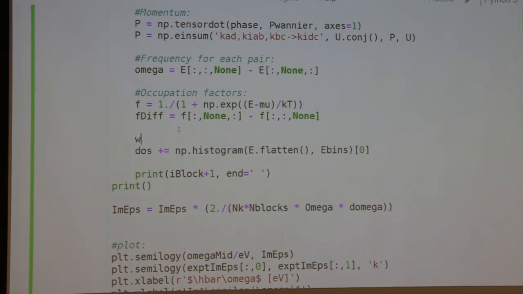So let me calculate a weight associated with each transition, which is the absolute value of P squared. And I'm also going to sum over the direction index. Right now I'm assuming an isotropic material. Right? So the second index of P is the Cartesian direction, so I'm going to square over that.